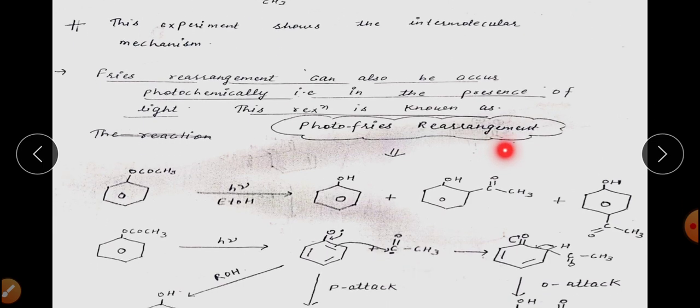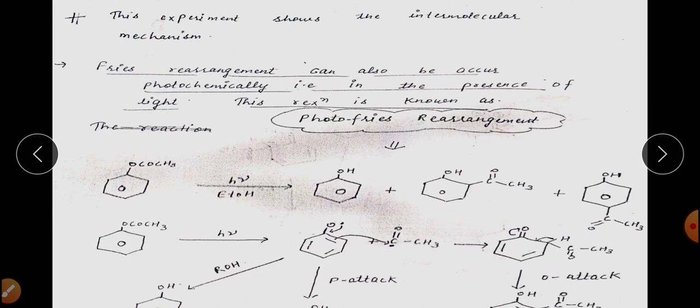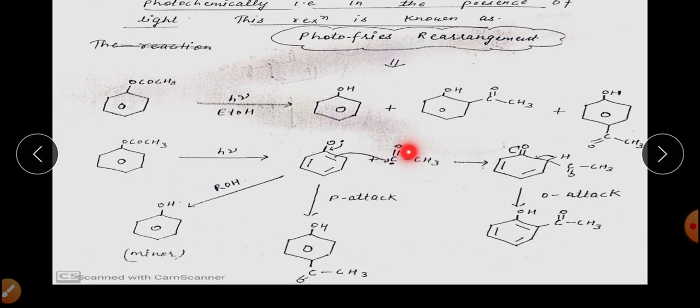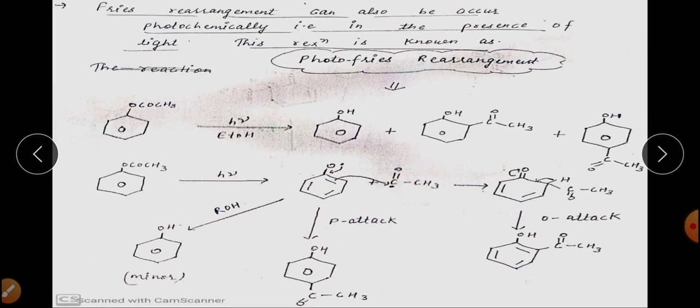Now, we were talking about a point that the Fries rearrangement can also proceed in the presence of light, which is called the photo-Fries rearrangement reaction. And what is this photo-Fries rearrangement reaction? That is the conversion of this phenolic ester into the ortho or the para isomer in the presence of sunlight and ethanol, right?